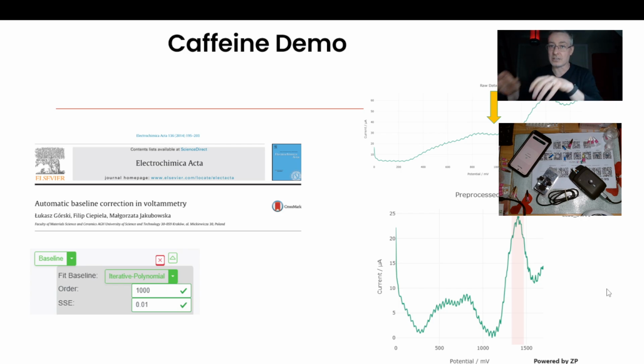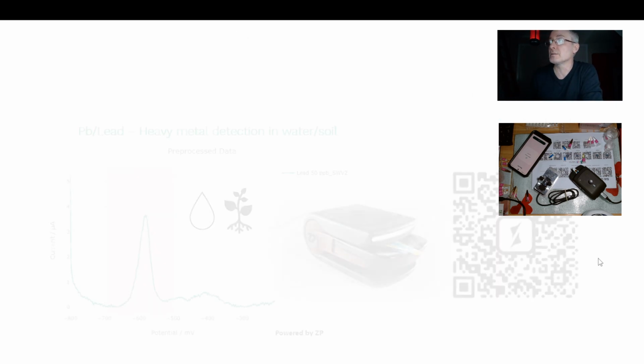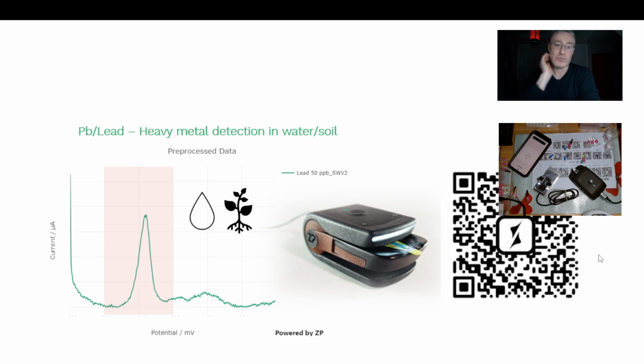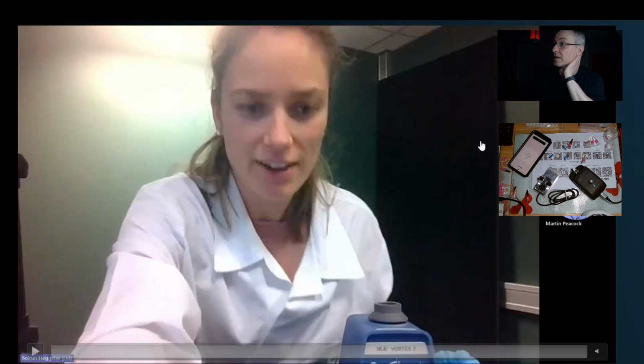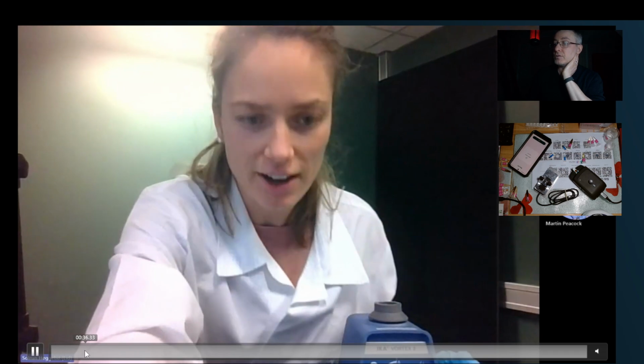Now I'm going to go back to the main points, but it's worth noting, and just FYI, we are actually doing this. The QR code here says that we can make the Sensi All detect lead in water, and we do that commercially as well. If you're interested, there are all sorts of videos online.